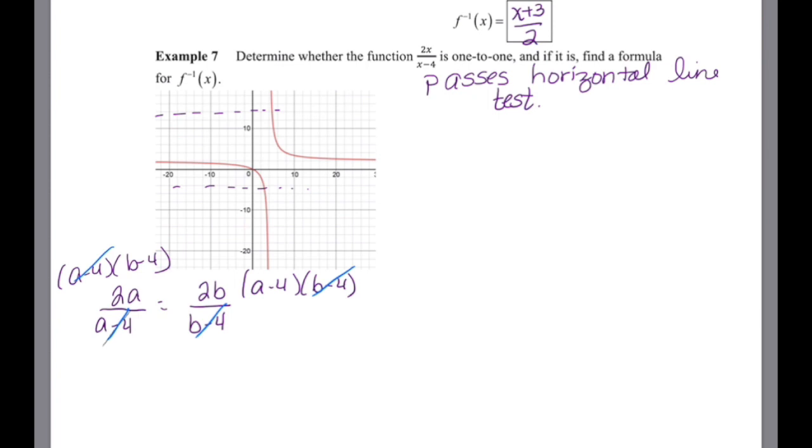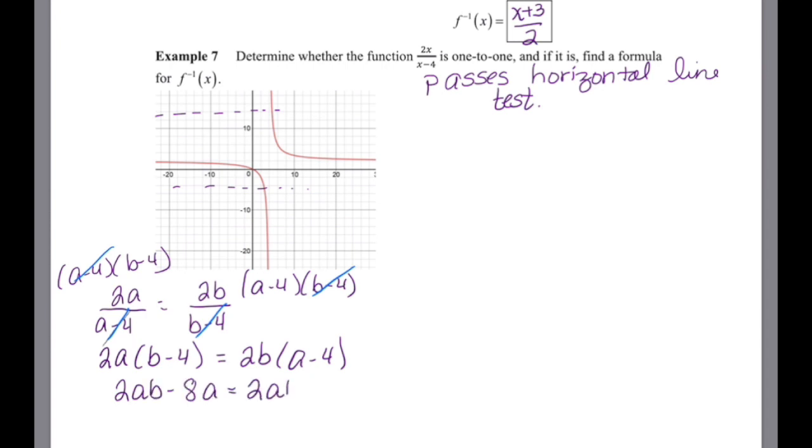That leaves us with 2a times b minus 4 equal to 2b times a minus 4. Multiplying across, I'll have 2ab minus 8a equal to 2ab minus 8b. Subtract 2ab. I now have negative 8a equal to negative 8b. Divide by negative 8, and I again have a equals b. So we verified algebraically as well.